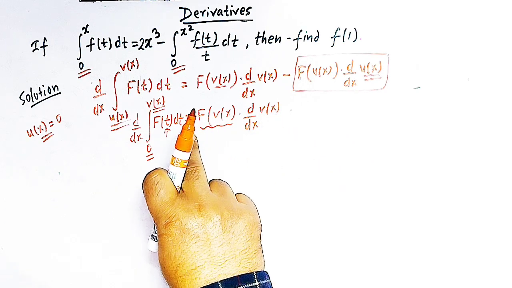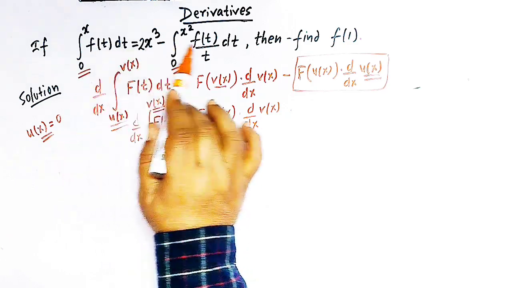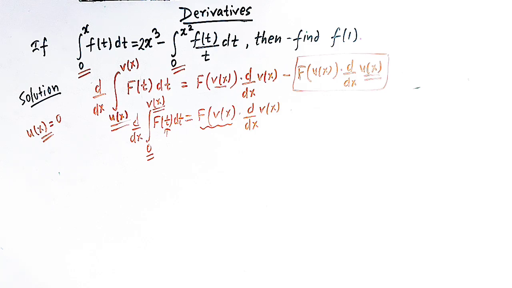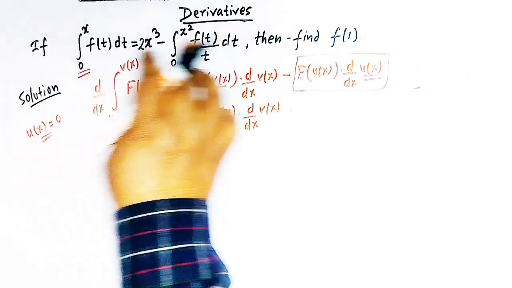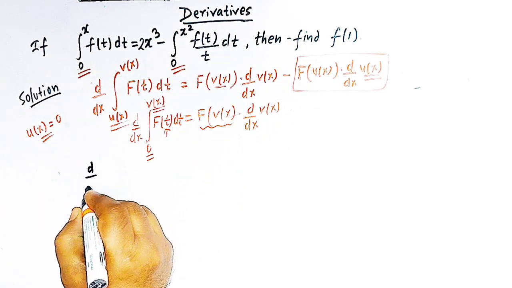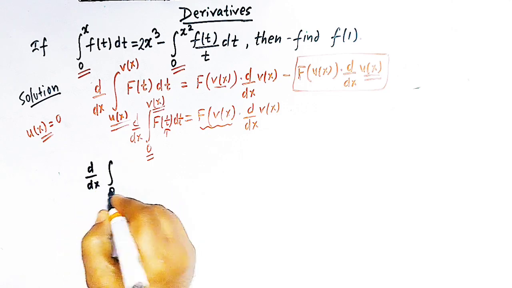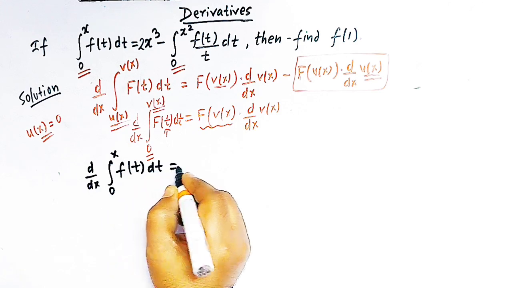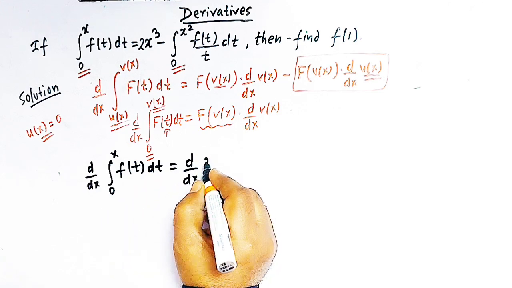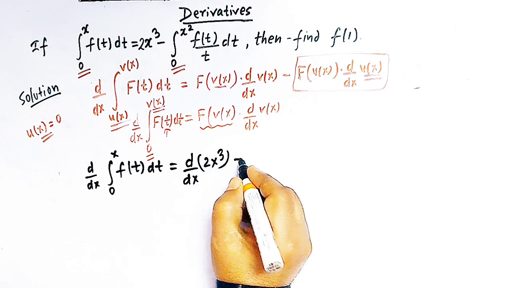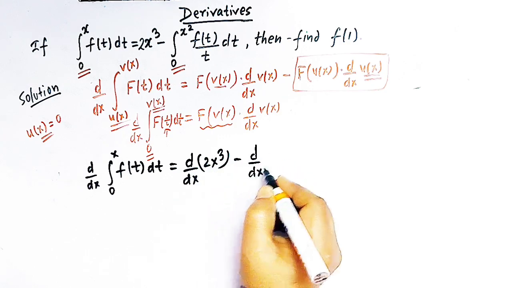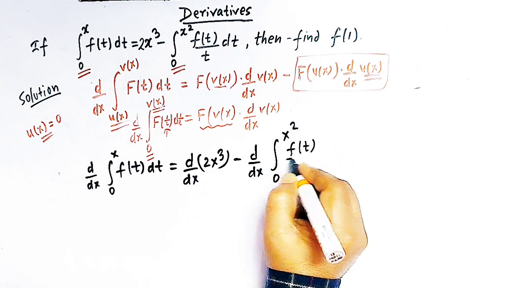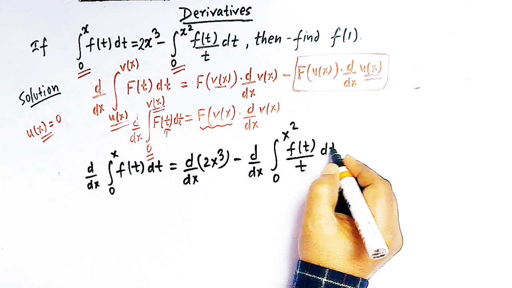So let us apply this result to this problem by differentiating both sides with respect to x. So now differentiating both sides with respect to x, we have d by dx of the integral 0 to x of f of t dt, and then we have d by dx of 2x cube, and then we have d by dx of the integral 0 to x square of f of t over t, and here we have dt, right?